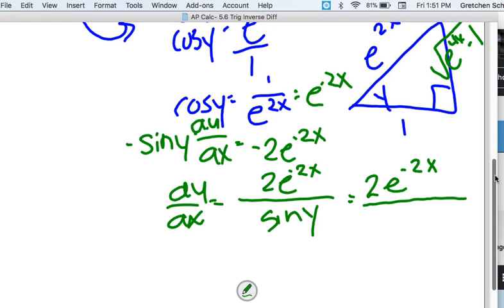What is sine of y equal to? Go through, simplify.